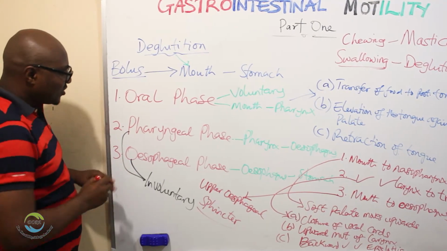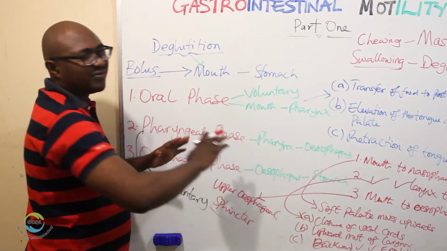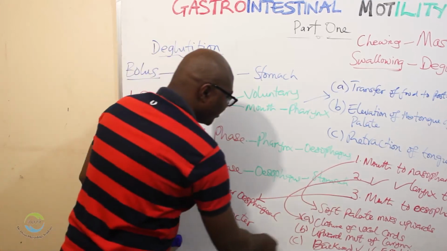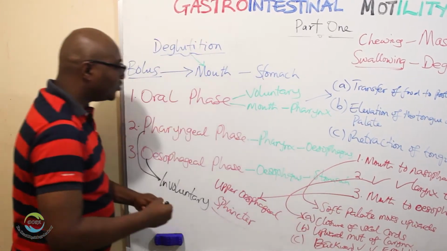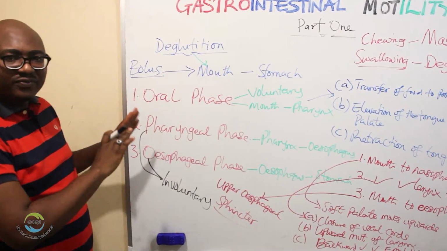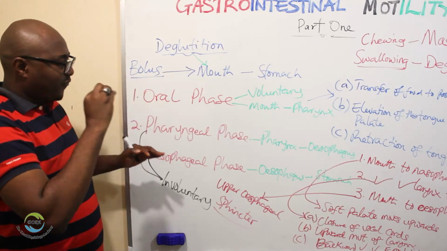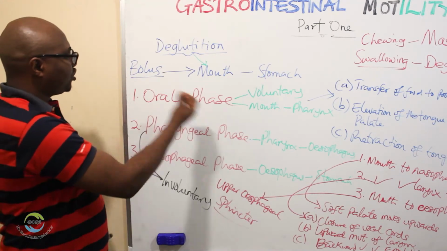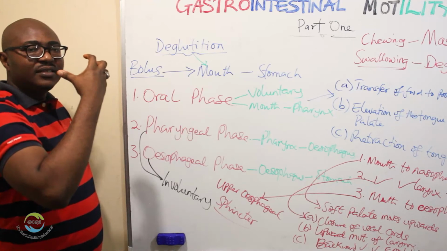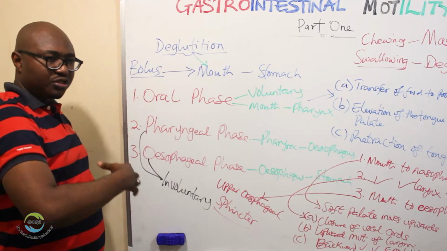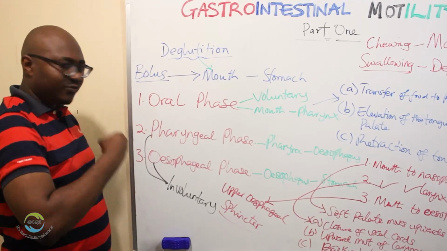All right? So the next thing now is the esophageal phase. It's very easy. There's nothing really happening there. The food has entered the esophagus. The force that pushes it from the oral phase goes ahead to push the food down the esophagus.